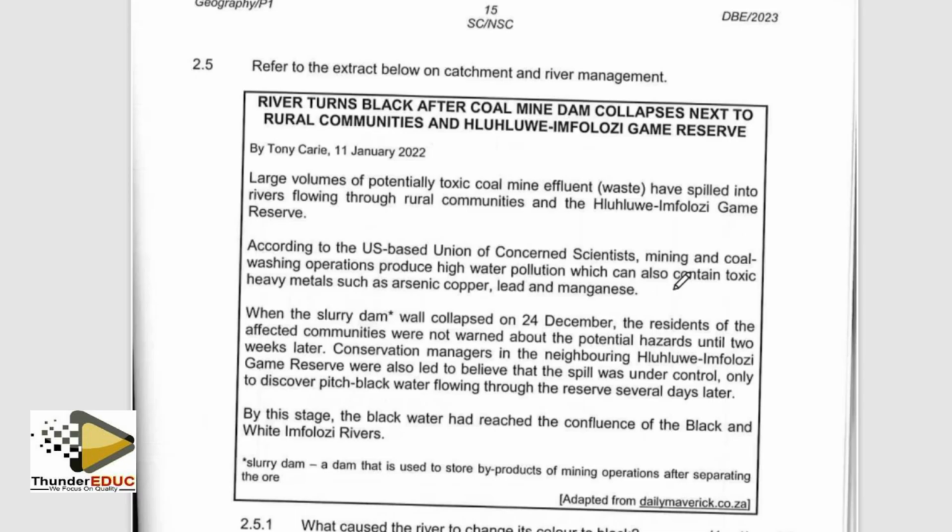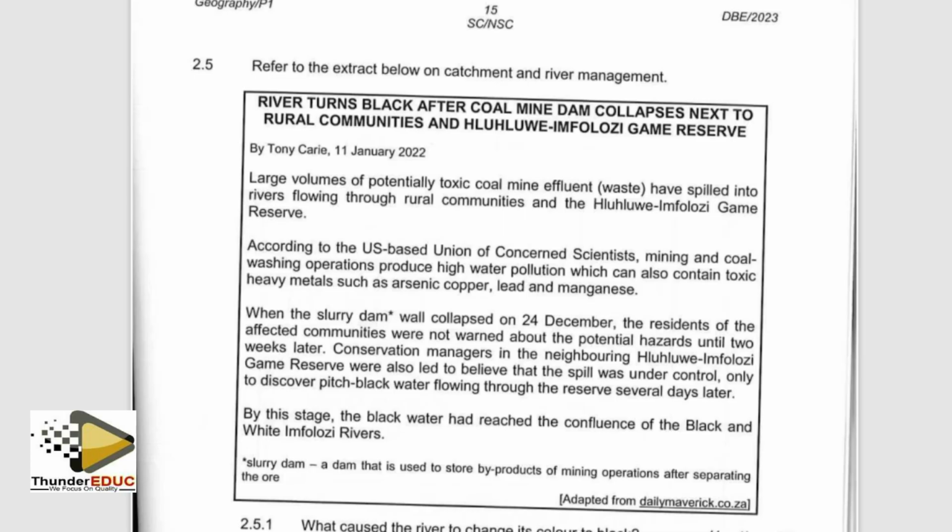Okay, according to the US-based Union of Concerned Scientists, mining and coal washing operations produce high water pollution, which can also contain toxic heavy metals such as arsenic, copper, lead, and manganese. When the slurry dam wall collapsed on the 24th December, the residents of the affected communities were not warned about the potential hazards until 2 weeks later.